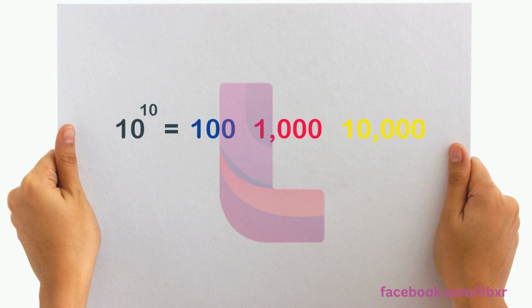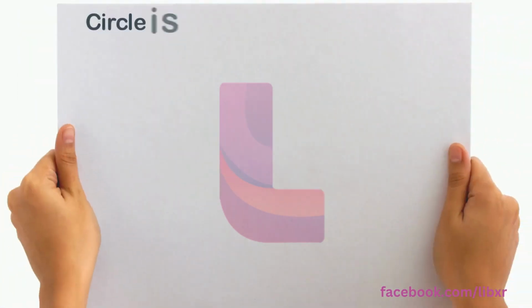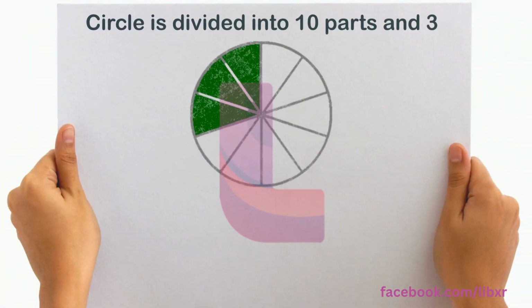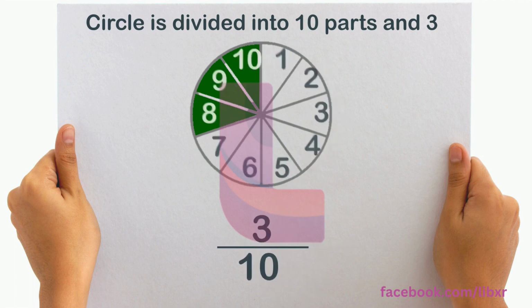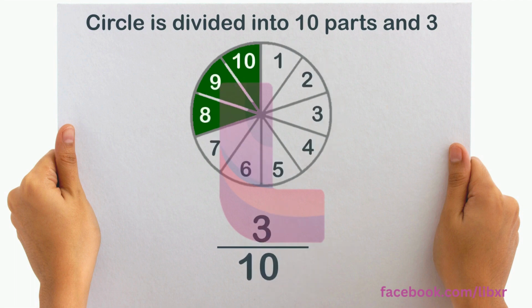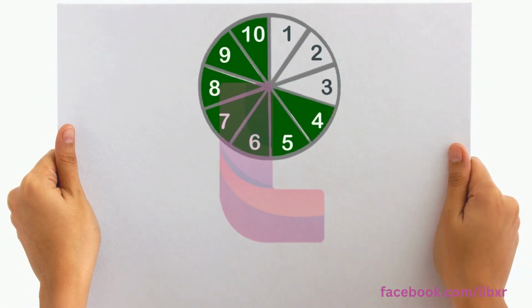For instance, this circle is divided into 10 parts and 3 of these fractions are colored, so it will be 3 by 10. 10 is the total number of sections in the circle and 3 is the number of sections which are colored. If 7 out of these parts are colored, we will write it as 7 by 10.